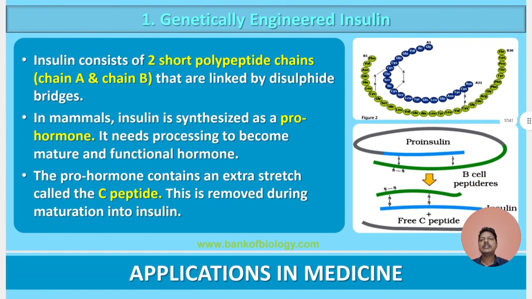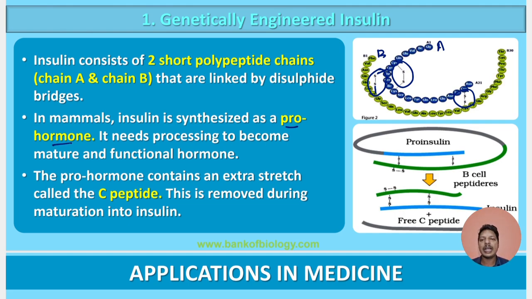Then insulin consists of two short polypeptide chains, chain A and chain B. Here you can see chain A and chain B that are linked by disulfide bridges like this. These are the disulfide bridges, this one, okay. In mammals, insulin is synthesized as a prohormone.